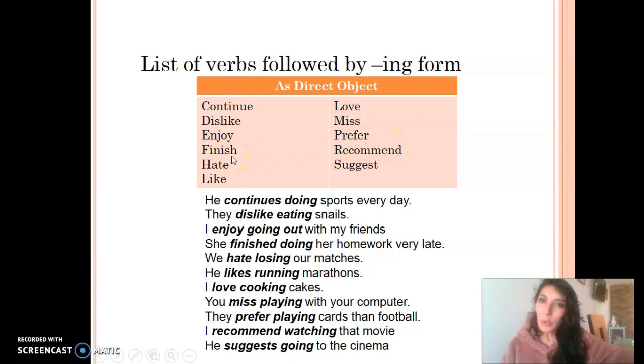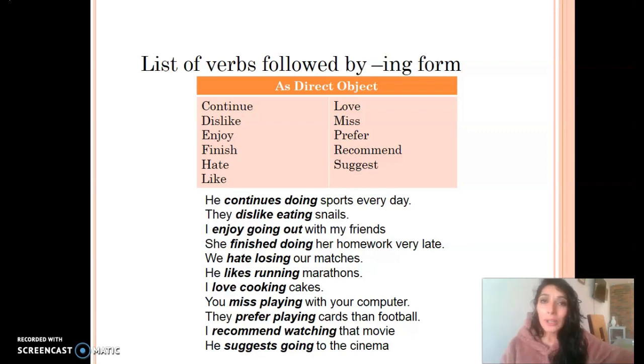So when you see verbs like continue, dislike, enjoy, finish, hate, like, love, miss, prefer, recommend, suggest, it means that if you have to use another verb as an object of the verb, you need to transform this object of the verb to the gerund form. So the second verb will be in the gerund form.